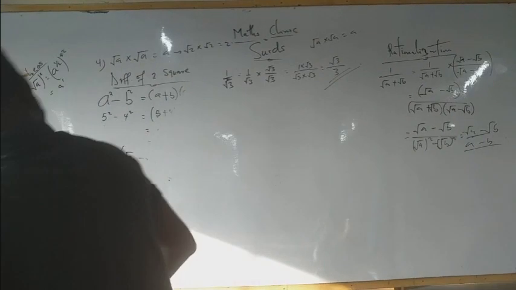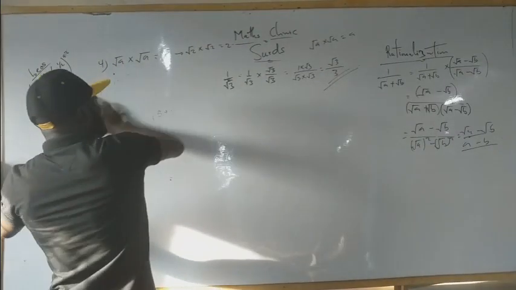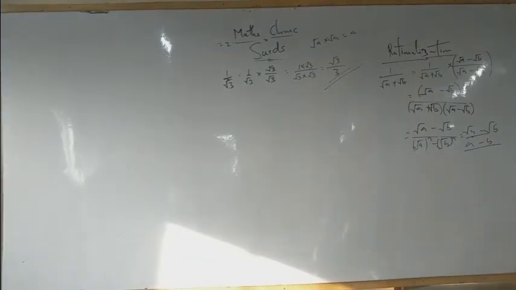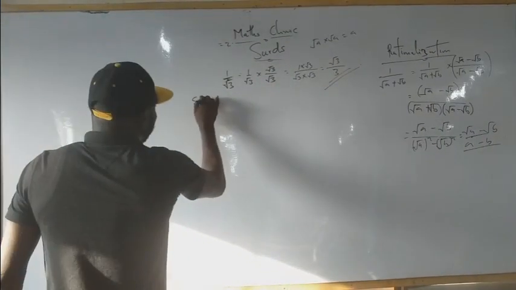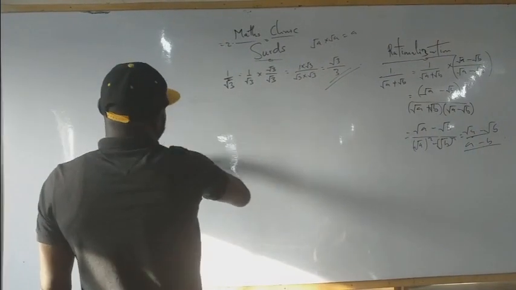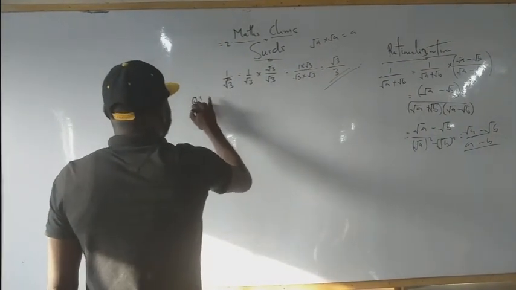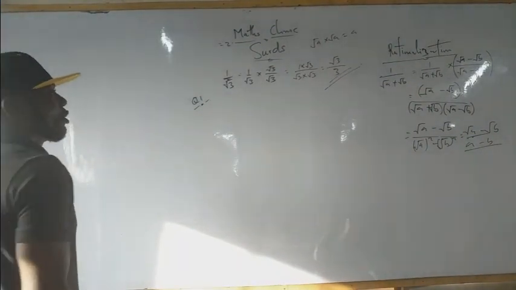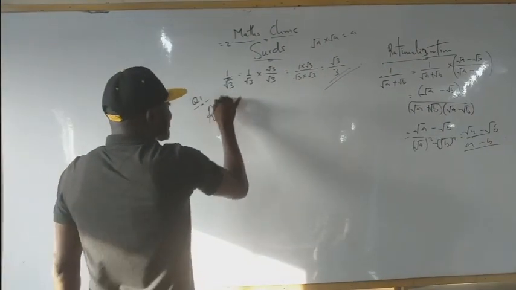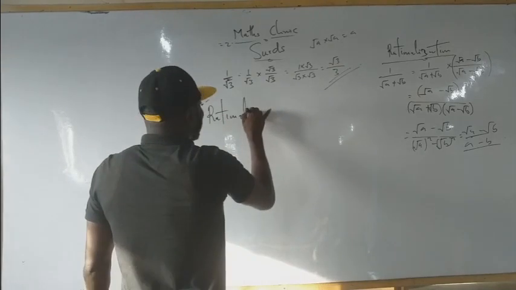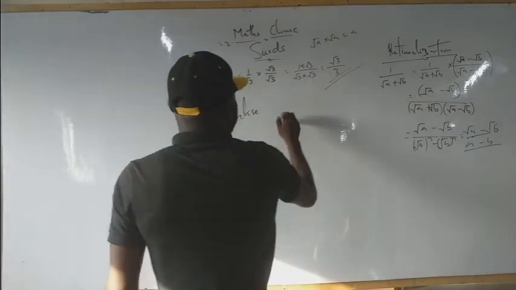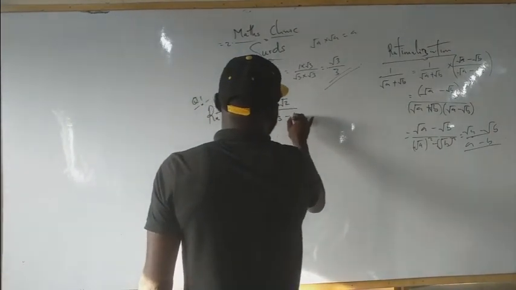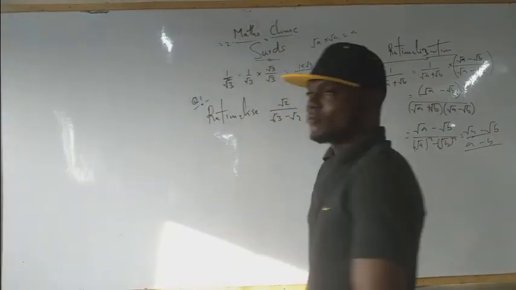Let's move further. Let's look at this. Example 1: rationalize root 2 upon root 3 minus root 2.